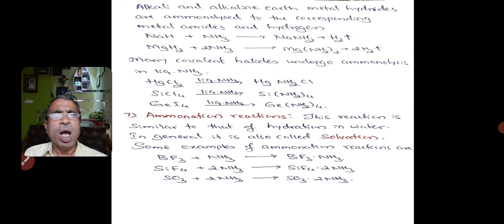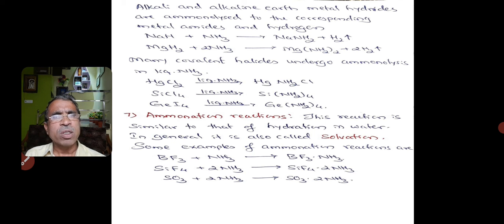Similarly, we also have ammonation reactions. Boron trifluoride in liquid ammonia takes 1 ammonia molecule and forms boron trifluoride monoammoniate. Similarly, silicon tetrafluoride takes two ammonia molecules and forms silicon tetrafluoride diammonate.